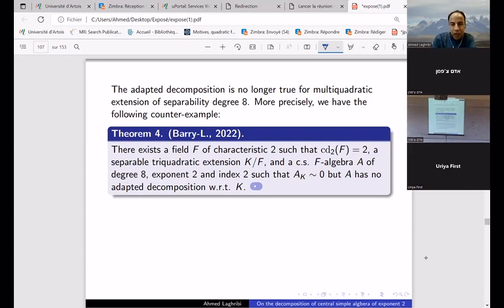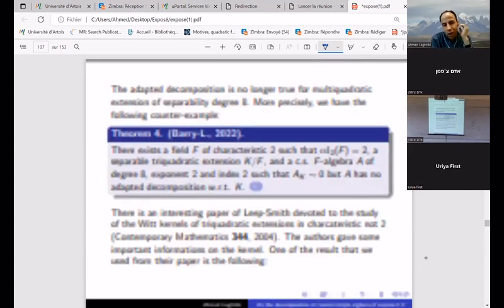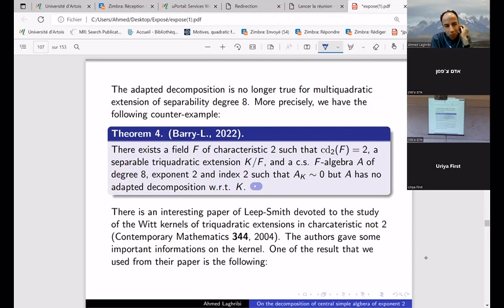And in the literature, we have an important paper due to Lieb and Smith. This is a paper in characteristic different from 2, and the reference is this.